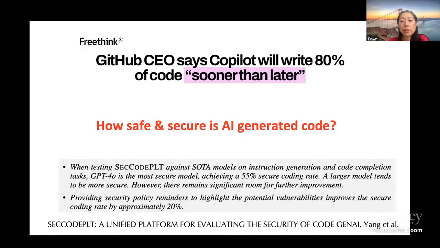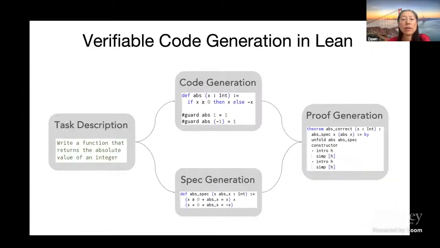Today's AI models can generate highly vulnerable code. To address this issue, we propose, instead of just generating code with no security guarantees, verifiable code generation, where given the task description, we can generate code, also generate a specification, and also generate a proof that the code actually meets the specification.